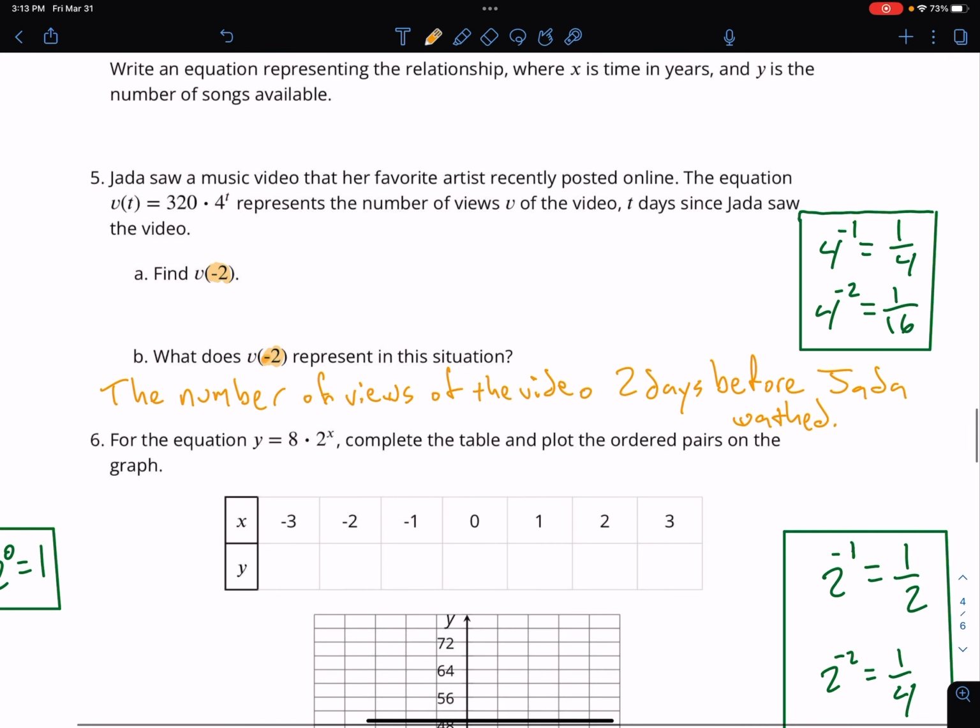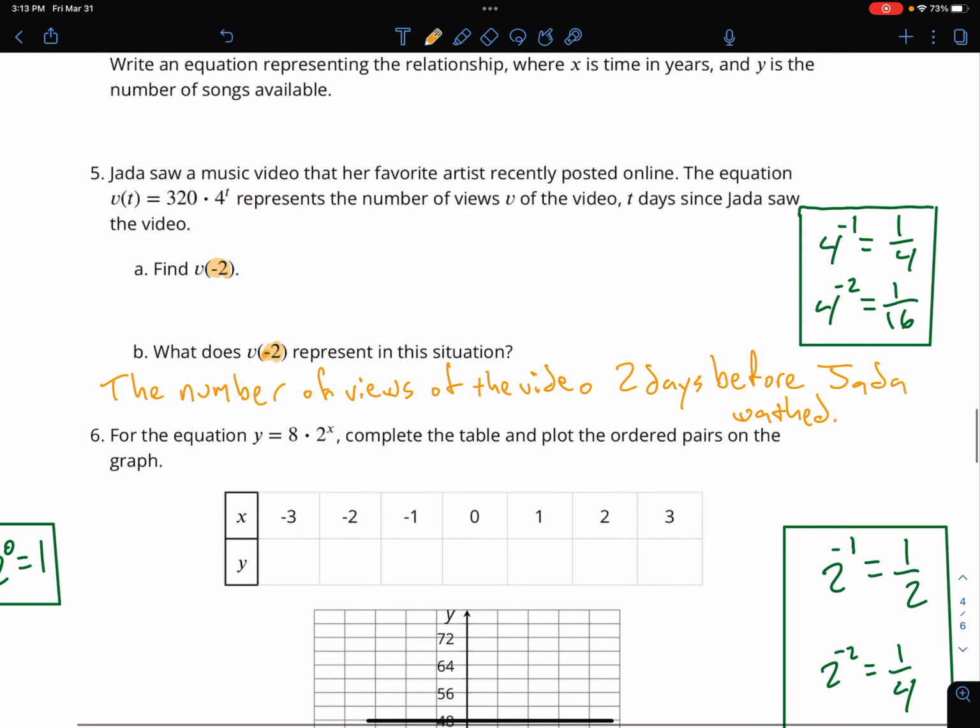You could say it's 2 days before, really, if you don't want to write this long sentence. So -2, we're trying to figure out how many people saw this video 2 days before Jada watched it.